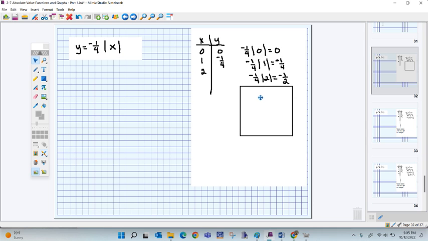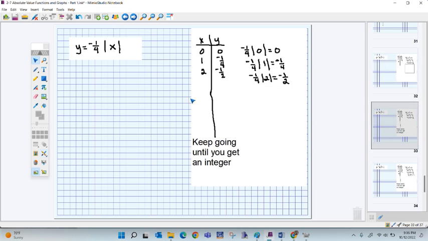When I plug in a 2, negative 1/4 times 2 is negative 1/2. I want to keep going until I get an integer because it's way easier to graph integers. 3 is not going to give us an integer, but 4 will. When I plug in a 4, I get negative 1 here.